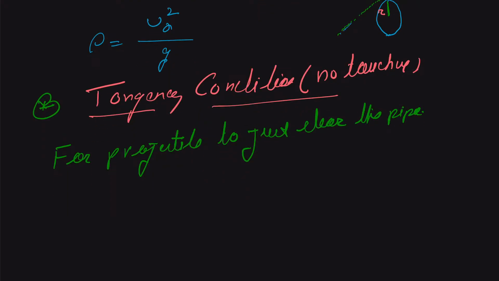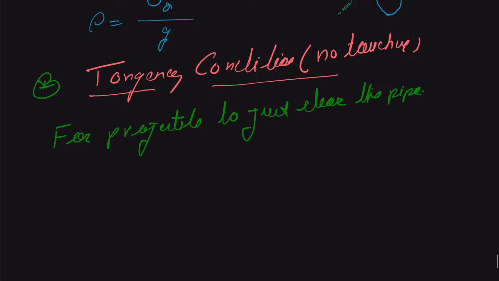based on this we can derive two conclusions. First, the curvature of the projectile must match the curvature of the pipe at the top.